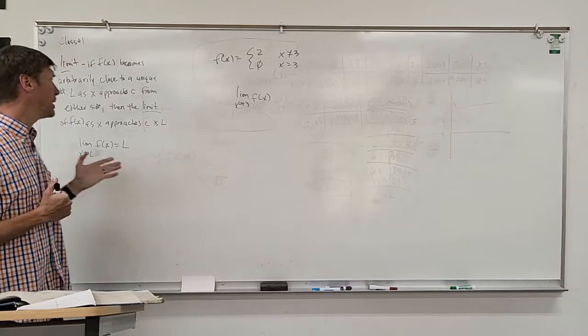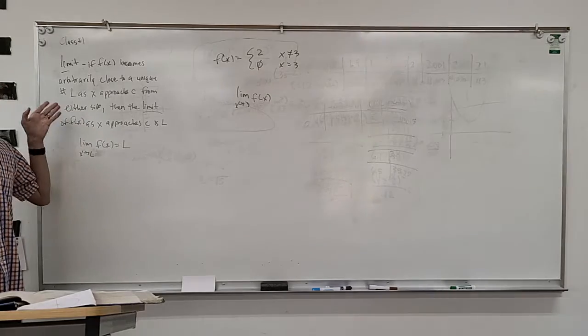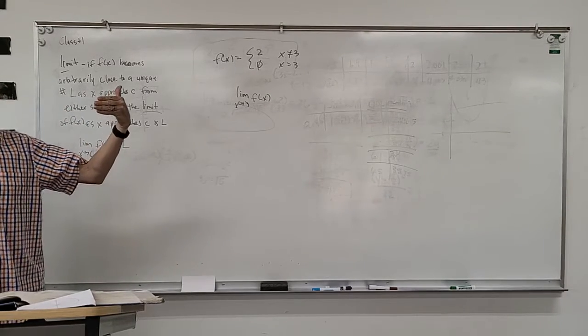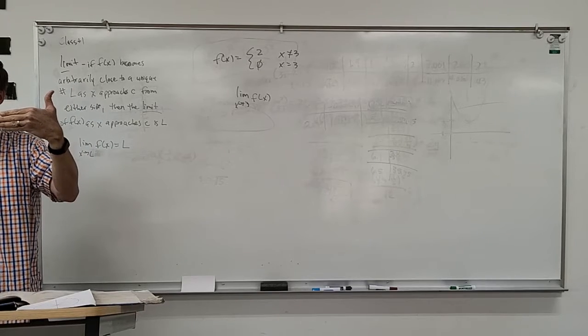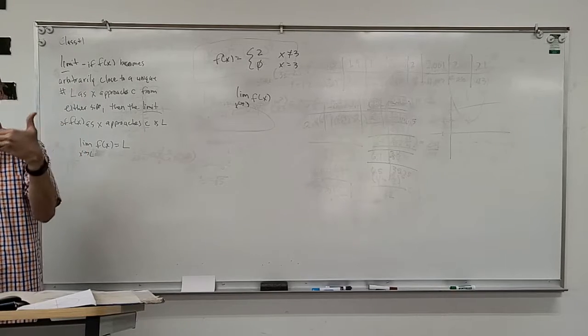But remember how a limit is defined. The way we think about limits is we look at values that are approaching from the left side and values approaching from the right side on that number line. And what are they converging on?